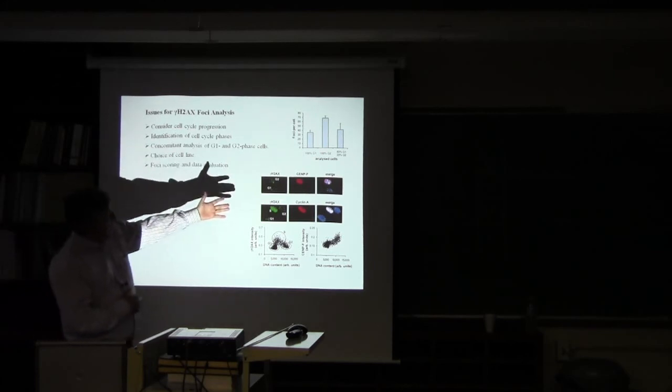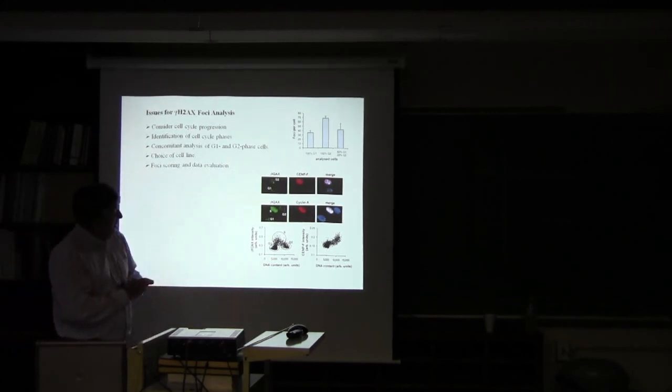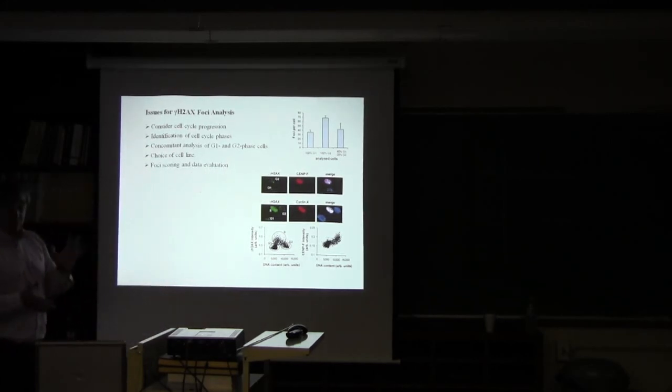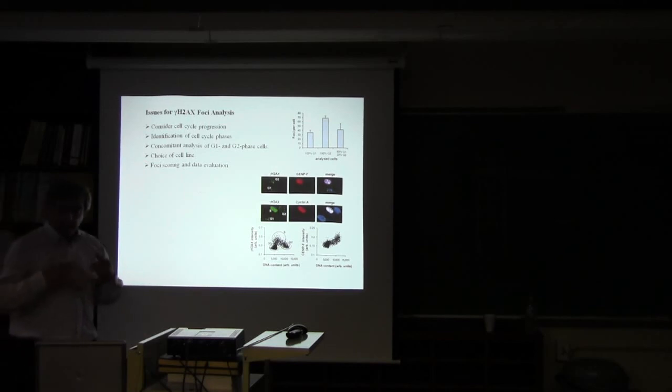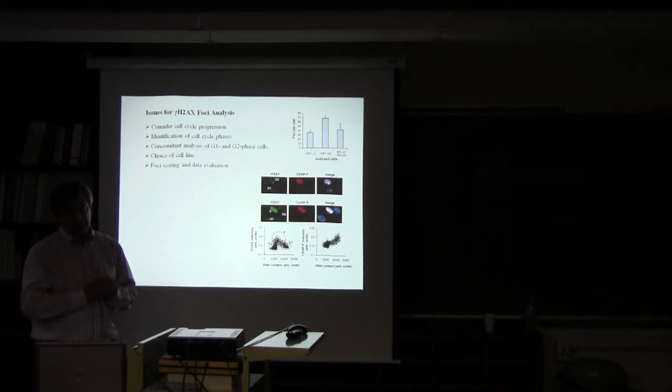And these are examples of how they try to label using different markers just to see where in the cycle the cells are located versus the gammaH2AX. But yes, if you have mitotically active cells, you better do some kind of correlation with the cell cycle, definitely. At the same time, as you say, you can synchronize the cells, you can control the cell cycle, and you can do the experiment and manipulate that.